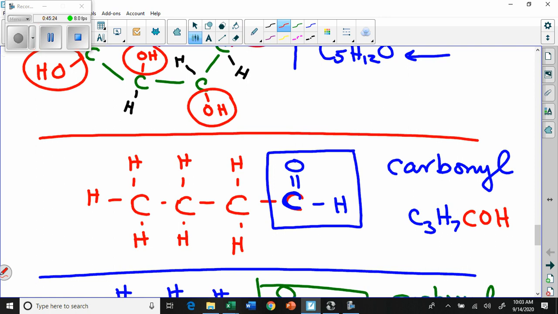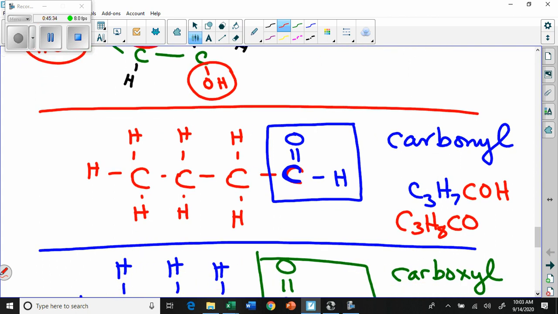Or we could include this H in the count as C3H8CO, which looks weird. You probably would never do that. What you probably would do instead is put the C in the count as well and write it as C4H8O.